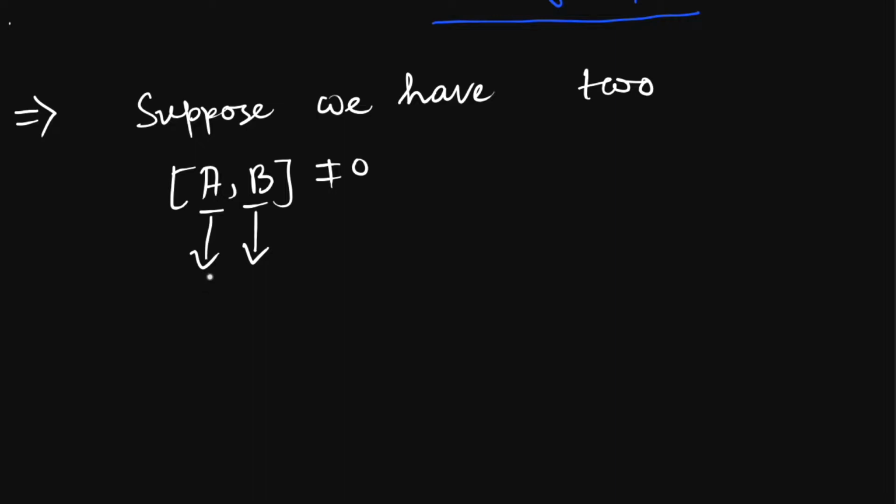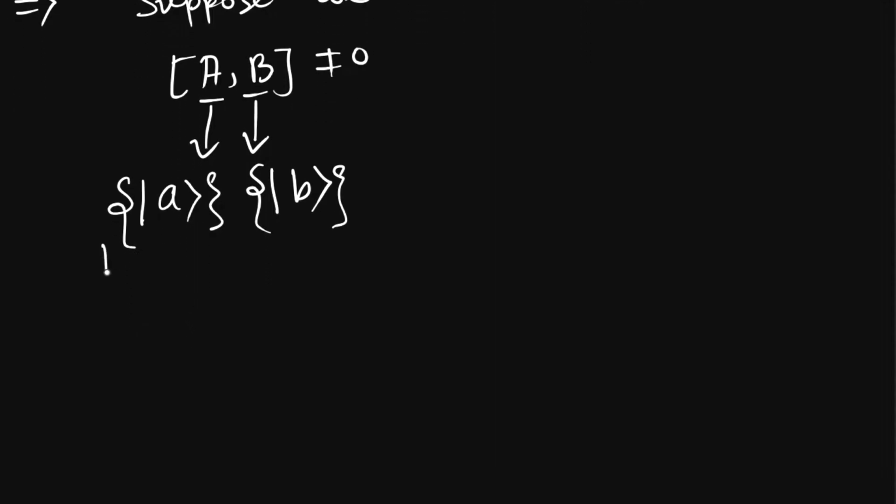That means corresponding to both of these operators, we can have an orthonormal eigenket set, that is A and that is B. Now with these two sets of orthonormal eigenkets, we can expand the same ket.